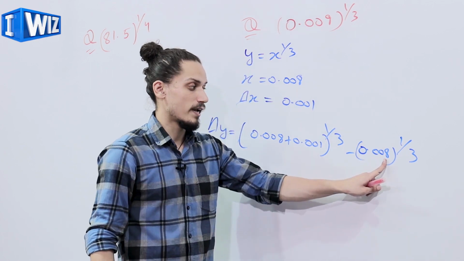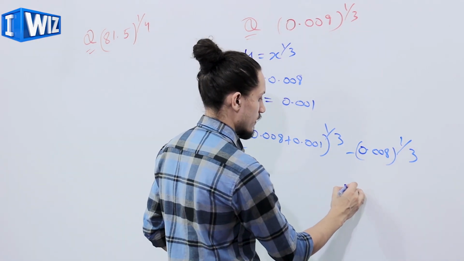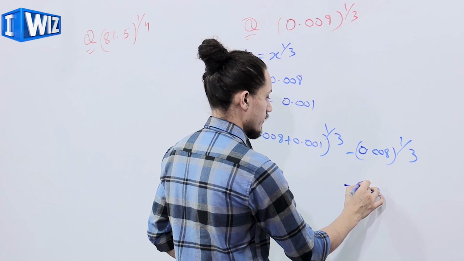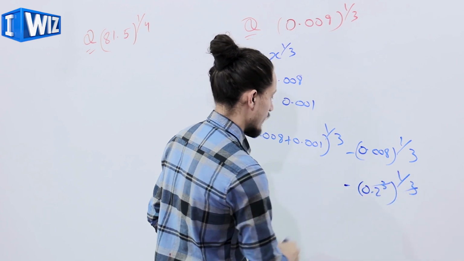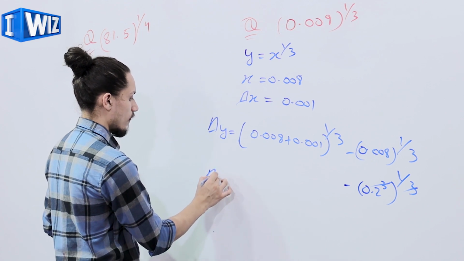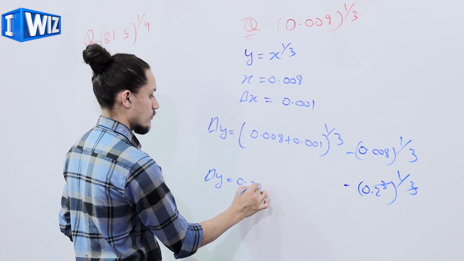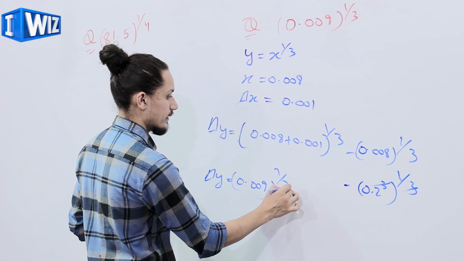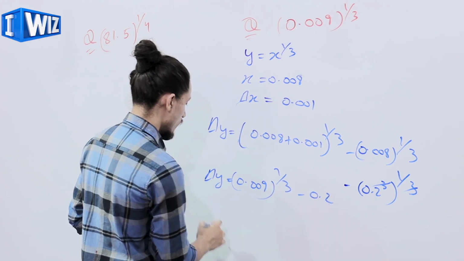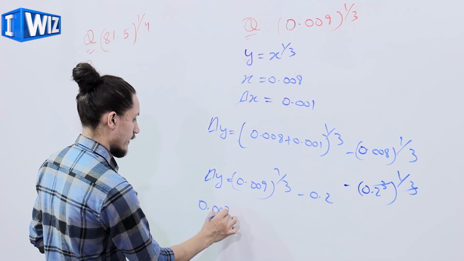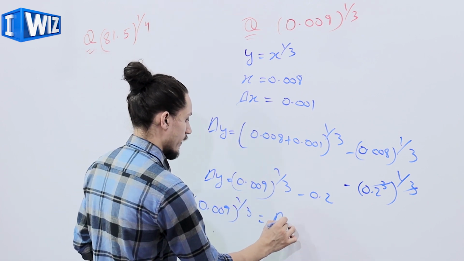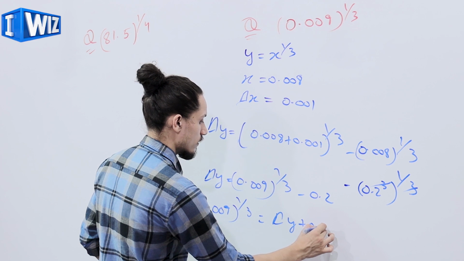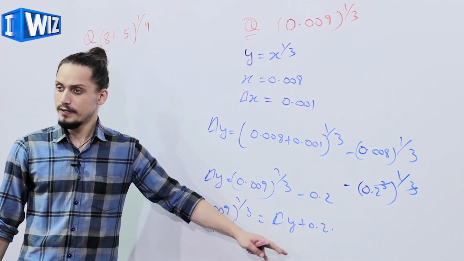Now 0.008 raised to power 1 by 3 can be written as 0.2 raised to power 3 raised to power 1 by 3, the 3s cancel. So we have delta y is equal to 0.009 raised to power 1 by 3 minus 0.2. So 0.009 raised to power 1 by 3 can be written as delta y plus 0.2. Now we have to find the value of delta y.